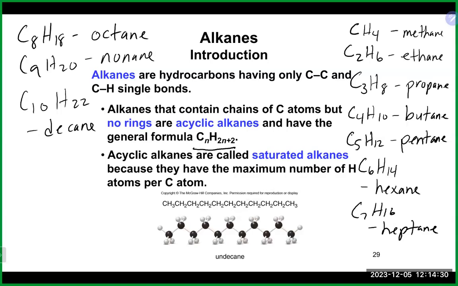These are sometimes referred to as acyclic, which means they're not a ring structure. They just run straight. Again, you could also have, as we will see, cycloalkanes. And cycloalkanes are ring structures like we saw with our cyclopropane, which is basically our 3 carbons that close up on each other in this case.